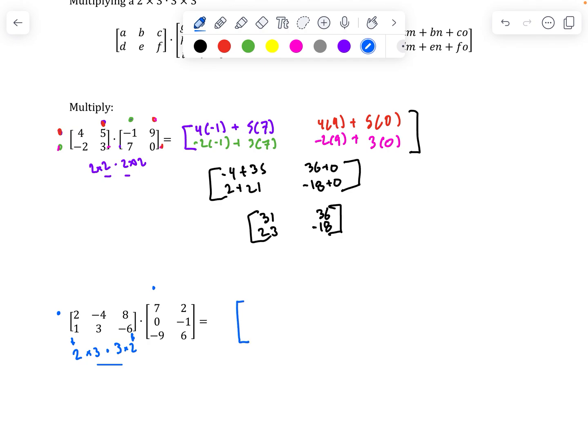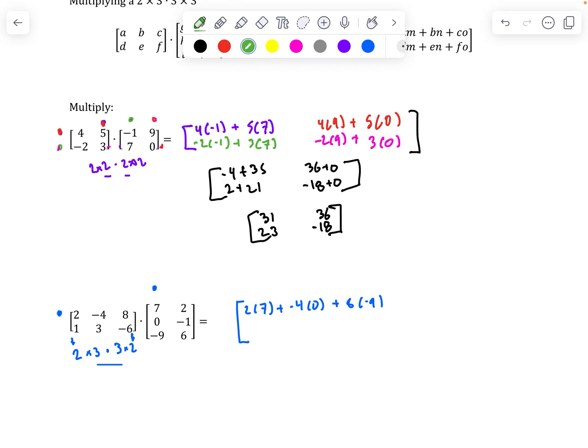I'm going to say our first row, 2 times 7 plus negative 4 times 0 plus 8 times negative 9. Again, that's the first row by the first column.